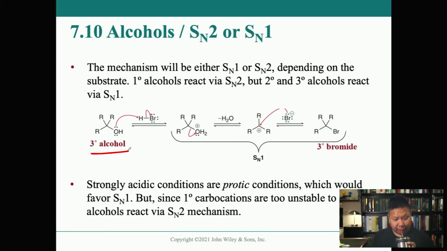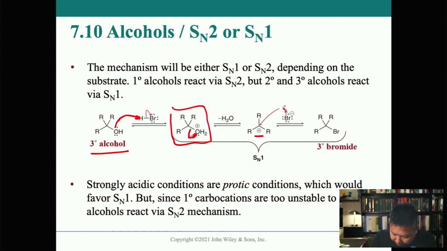And again, it's unimolecular right here, because it's going to come over here and just pull off this proton from the hydrogen bromide, giving you the water attached to this alkyl, and water is a good leaving group. Water can leave as a leaving group, leaving behind a tertiary carbocation.